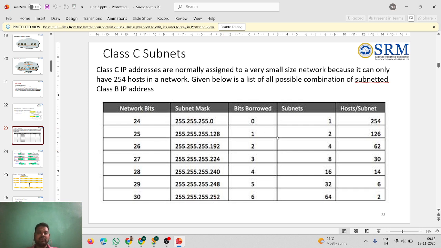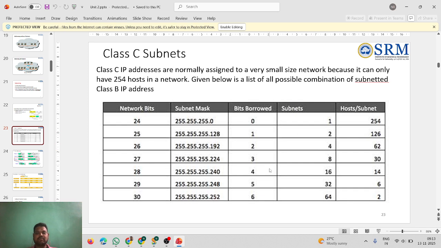If you borrow 1 bit, 2 power 1 is equal to 2, so you can have two subnets. Whereas if you borrow 2 bits from the host ID part, you can have 4 subnets.